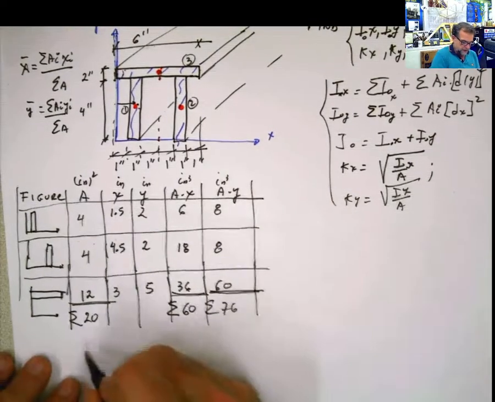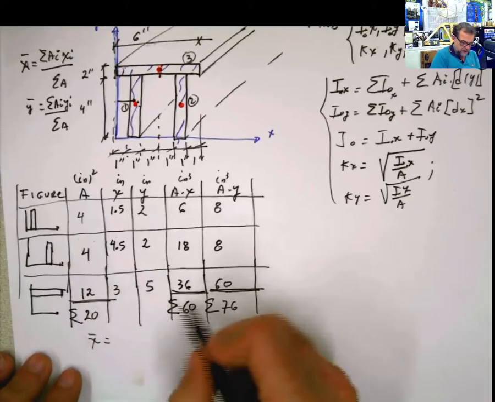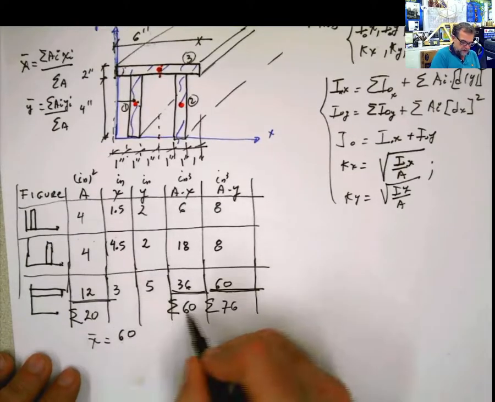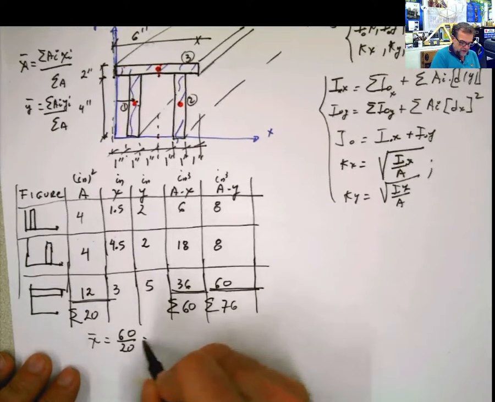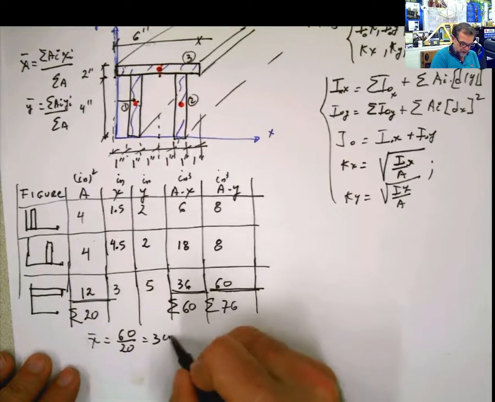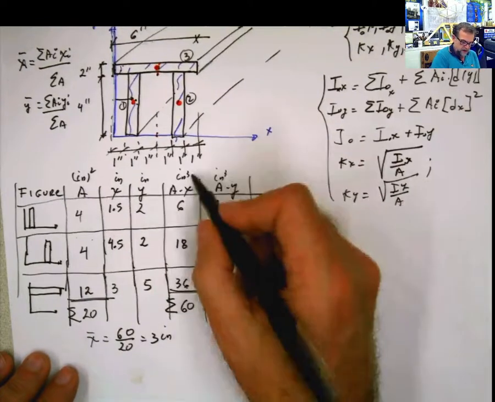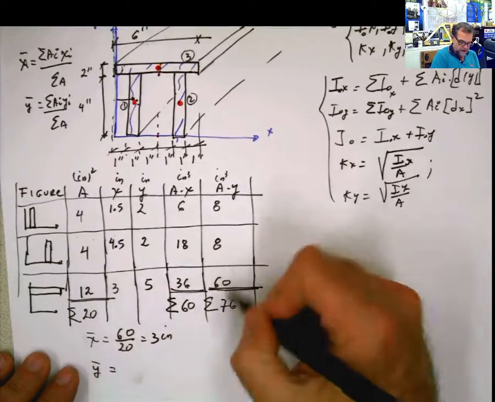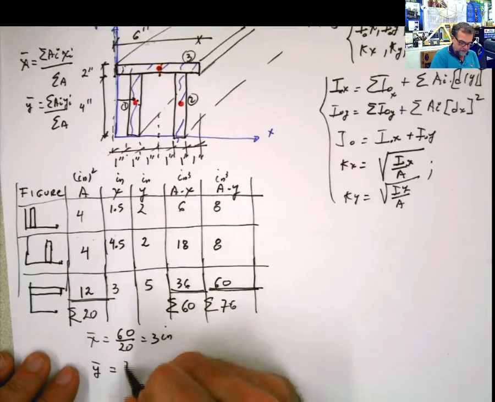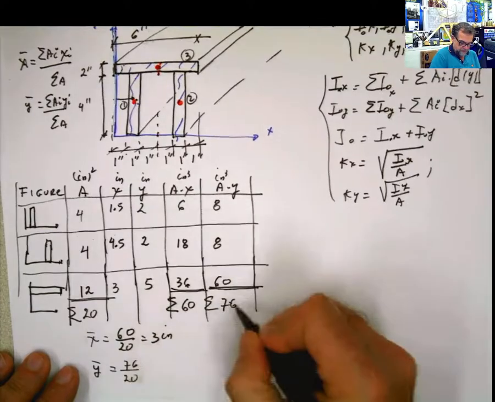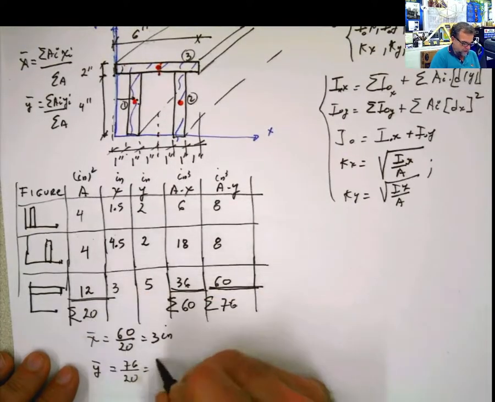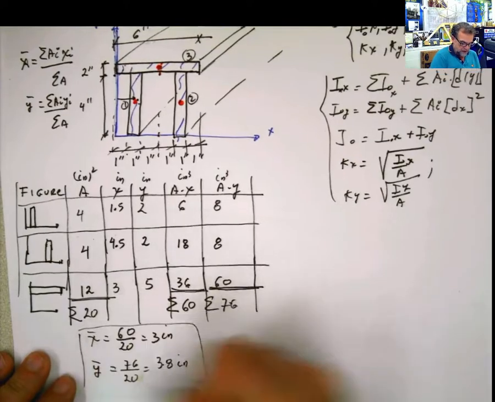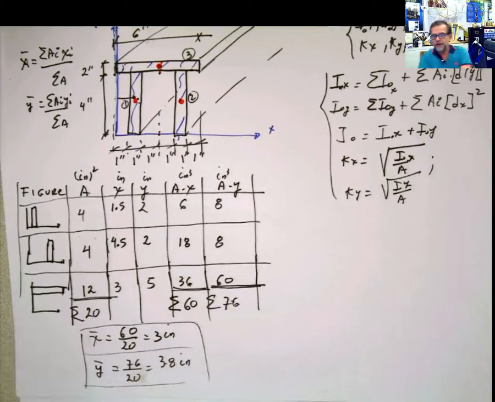Meaning my x bar is going to be 60 divided by 20, which is 3 inches. Remember, this is inches to the third, this is inches squared. And my y bar is 76 divided by 20, and that's 3.8 inches also. And that completes our calculation for the centroid.